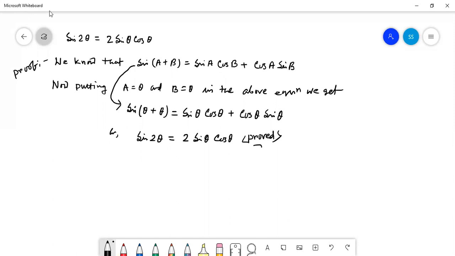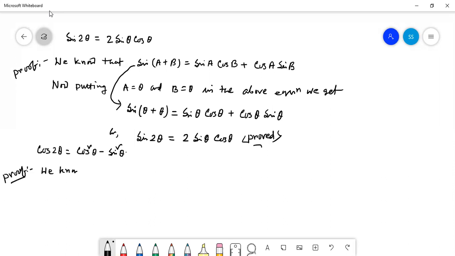Now we are going to prove the next part, that is cos of 2 theta is equal to cos square theta minus sin square theta. Proof.